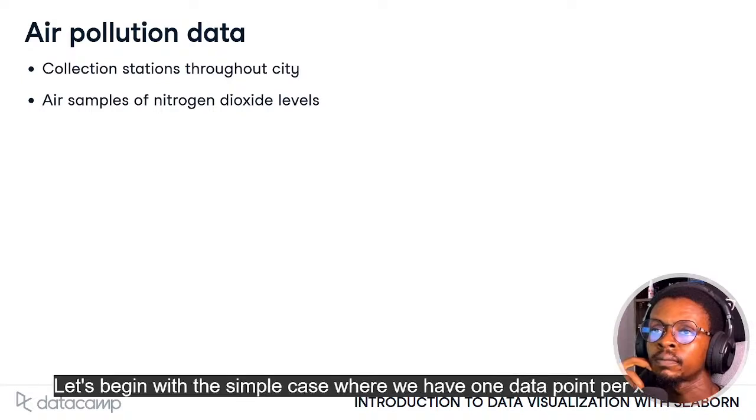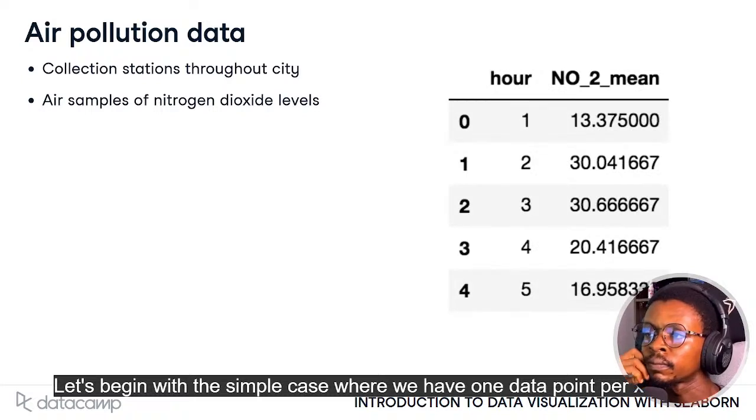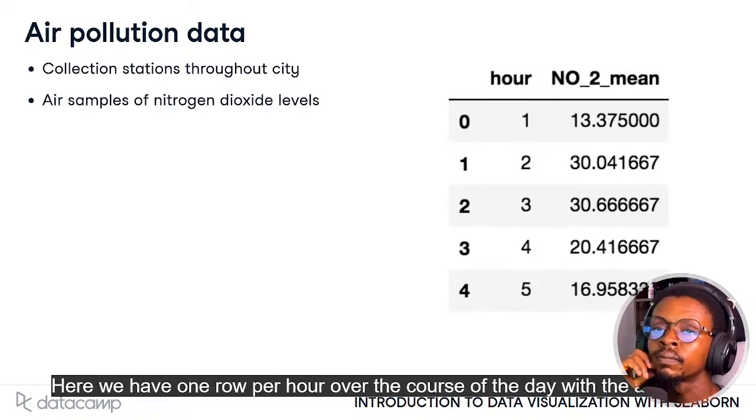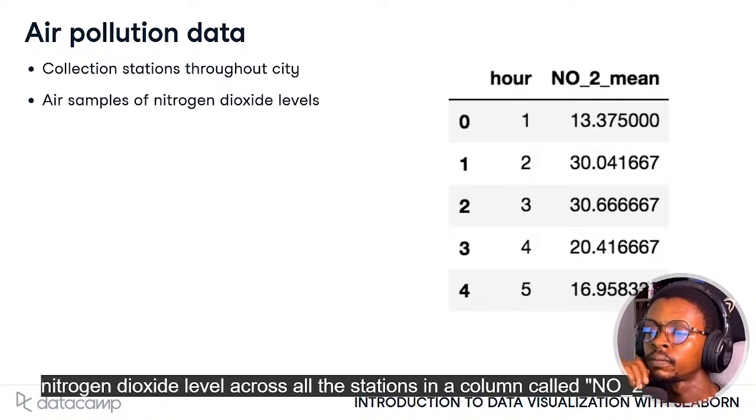Let's begin with the simple case where we only have one data point per X value. Here we have one row per hour over the course of the day with the average nitrogen dioxide level across all the stations in a column called NO2 mean.